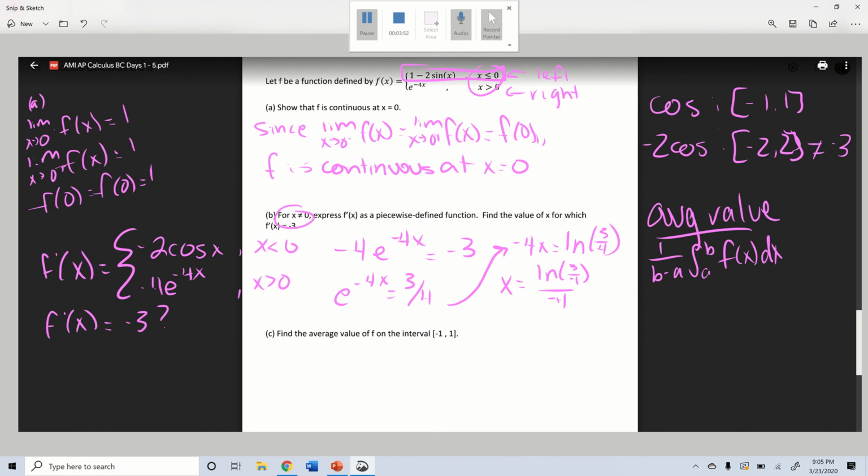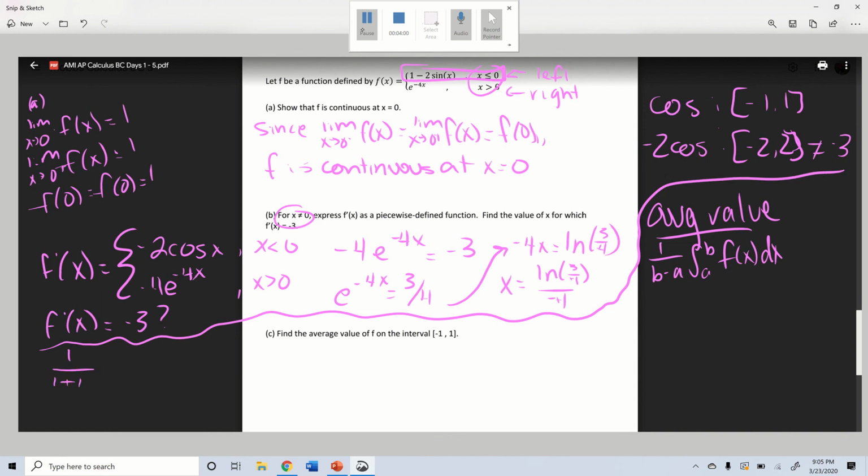So when we start setting this up, we are going to do 1 over 1 minus -1. But we're going to have to split this into two integrals, where we go from -1 to 0 for this first part, 1 minus 2 sine of x, and then from 0 to 1 of this next part.